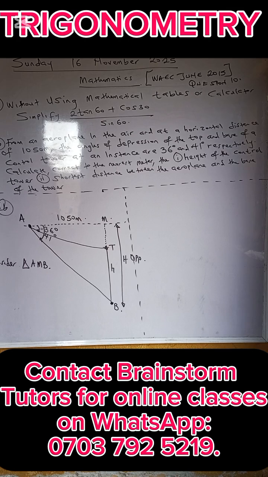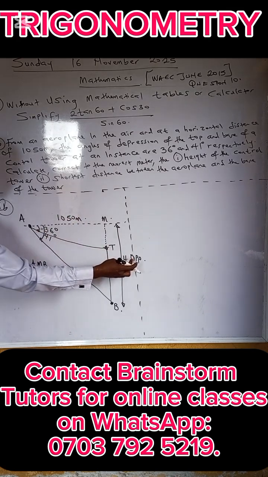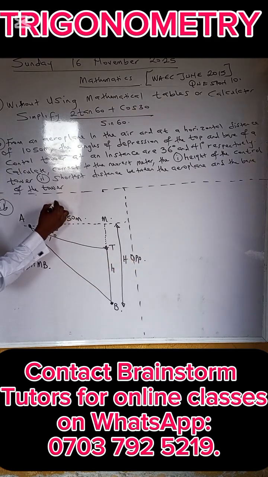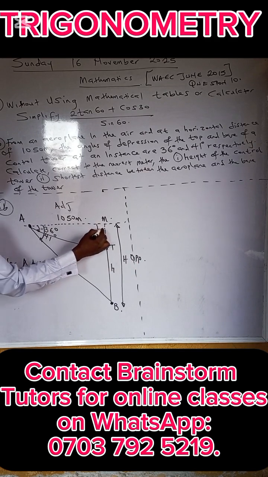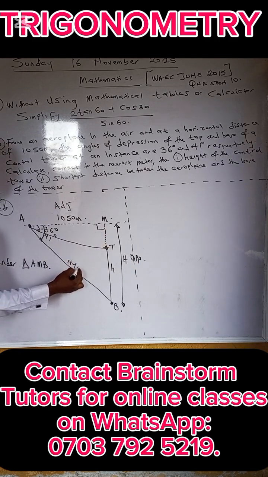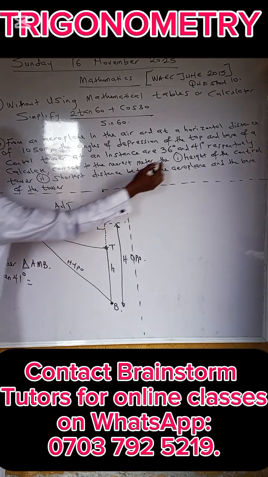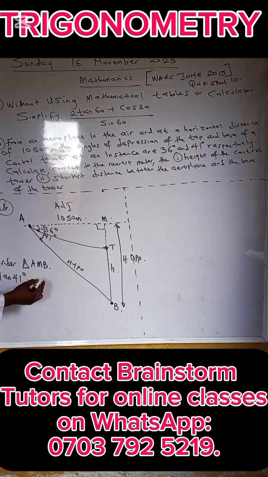So now I'm going to apply tan, which is opposite over adjacent, because where this angle is facing is my opposite, this is my adjacent, and here is my hypotenuse, where the right angle is facing. So now, consider triangle AMB. I'm going to have tan 41 degrees, according to what they have given us in the question, equals opposite.